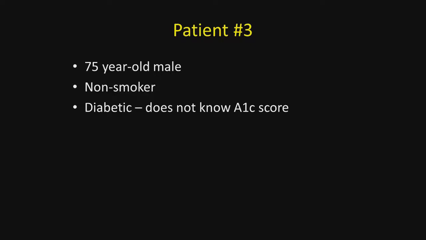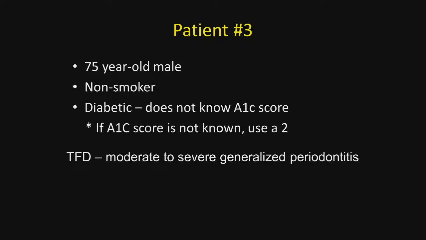Now, we're dealing with someone who's going to be a little difficult to work with. So what do we do? We're going to use arbitrarily a score of 2 until we can get a true A1C score. The TFD is a moderate to severe generalized periodontitis. So we're dealing with a patient that really needs some in-depth treatment, but it's going to be difficult to motivate.